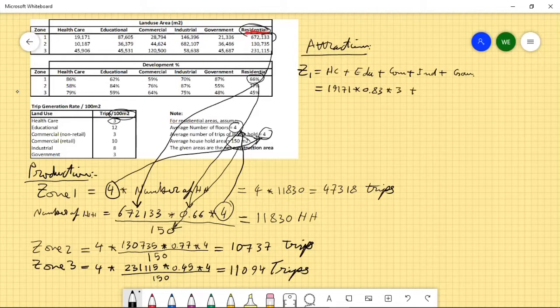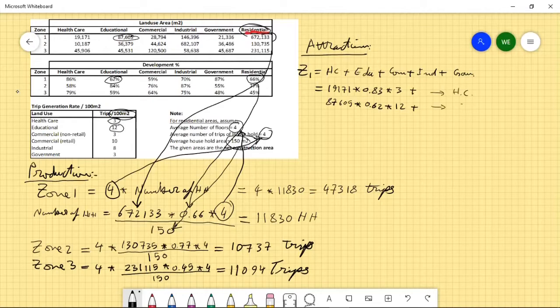let's do the educational. We have 87,605 multiply percentage development 0.62 multiply 12. As you can see, these are for the educational. That's the percentage development for the educational zone, and that's the area of the education. Plus, so this one, the healthcare.